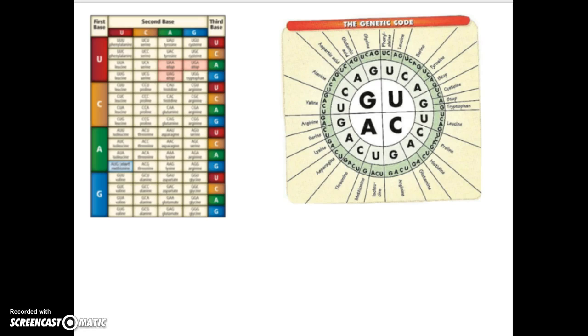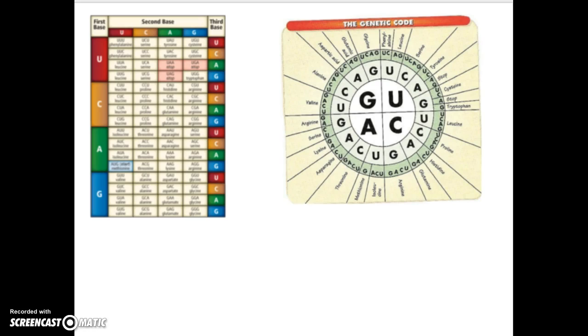Again, your body has a lot of ways to make sure that if a mistake is made, it's not going to make a difference in the overall functioning of the organism. The genetic code, believe it or not, is called a degenerate code because there's actually more than one codon that will code for a particular amino acid.